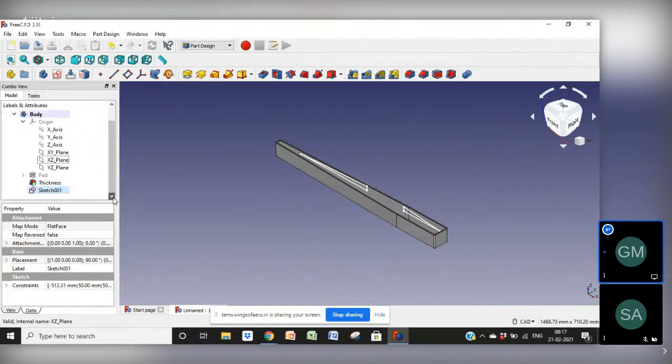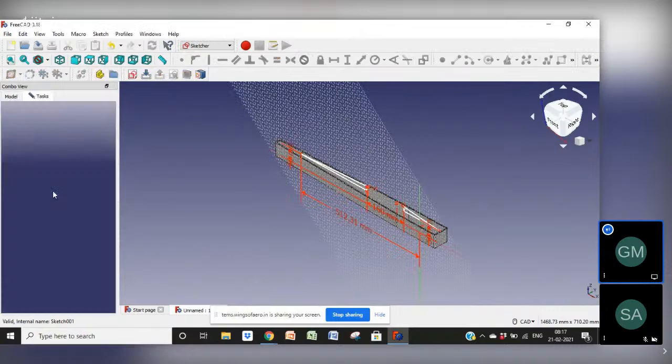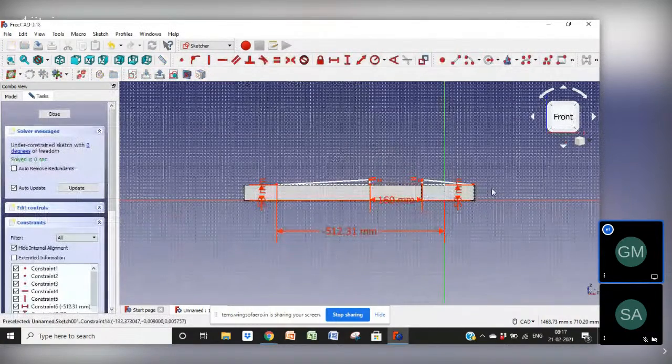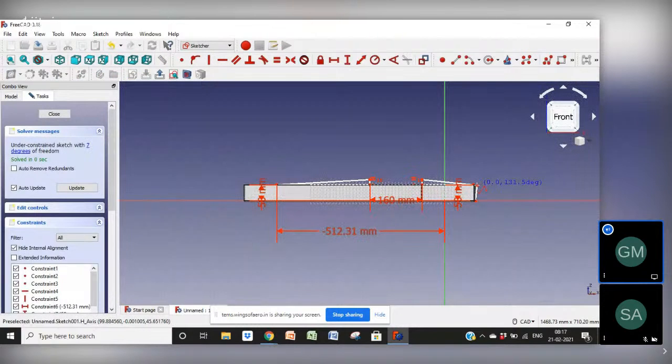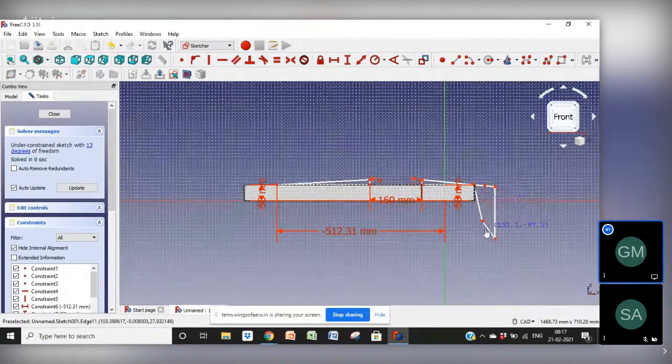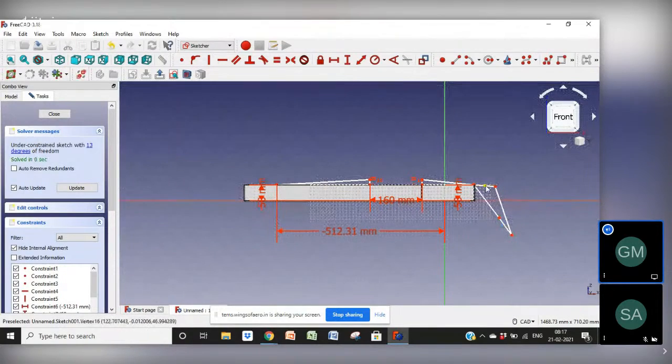I want to edit this sketch again a bit more. Another triangle I would like to add here. There is always a leading edge because, what is this?